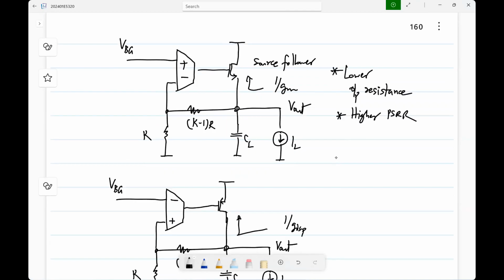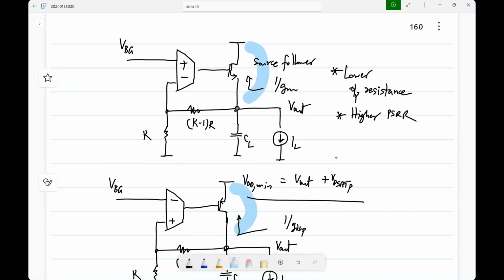Yeah, I would put it differently. The minimum supply voltage required here is, right? Basically, the dropout is whatever voltage you need to maintain there. That is smaller here than there. What will be the minimum supply voltage required here?